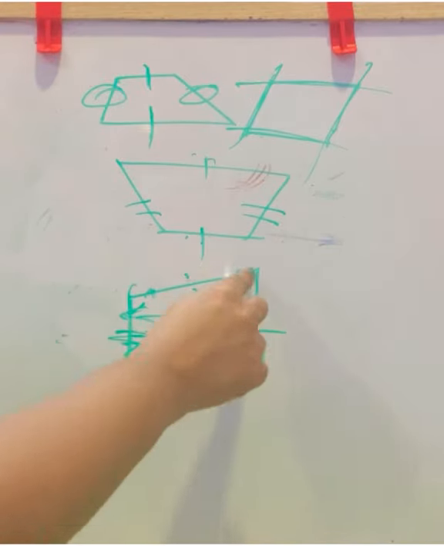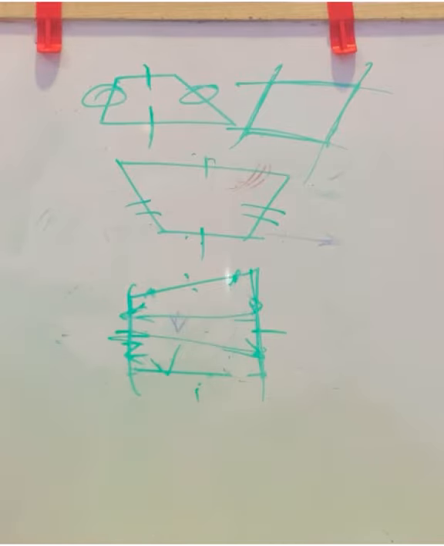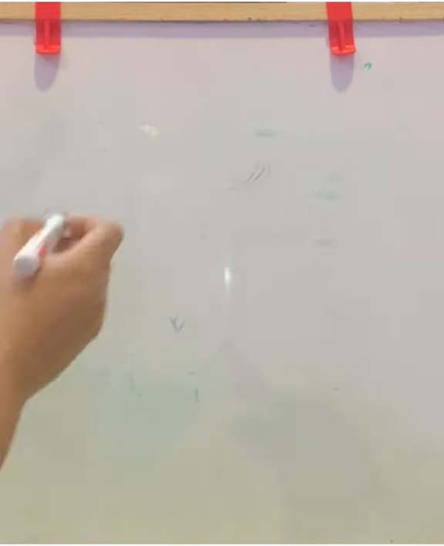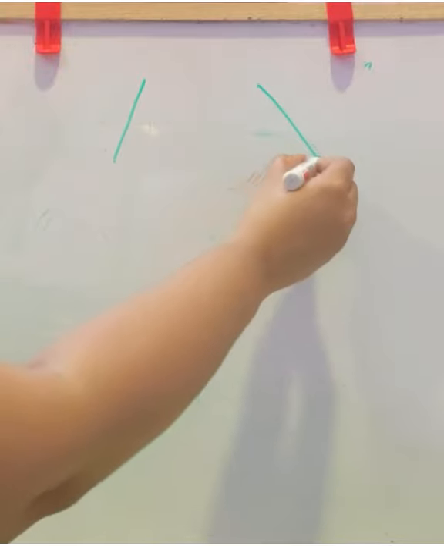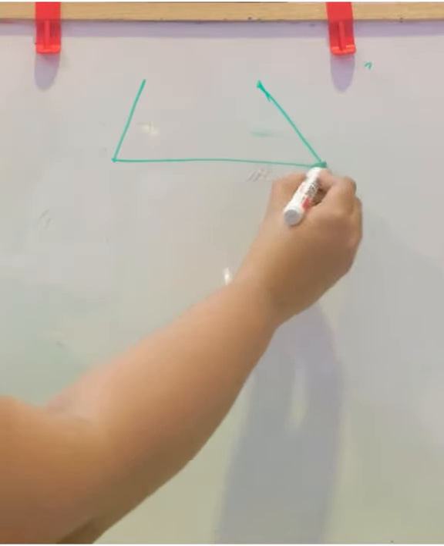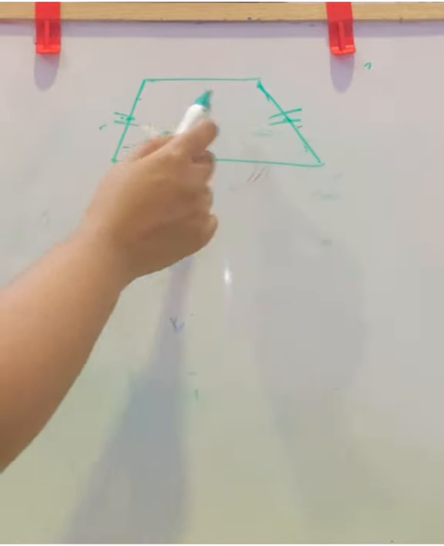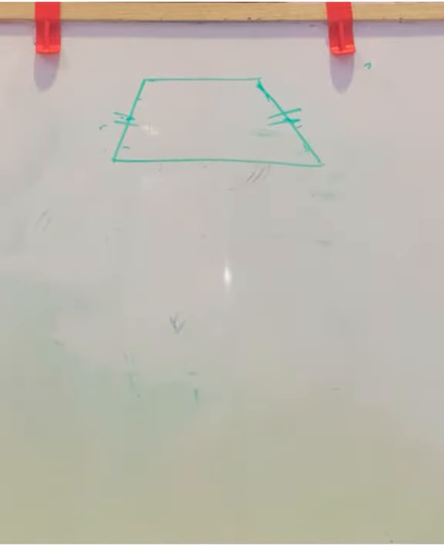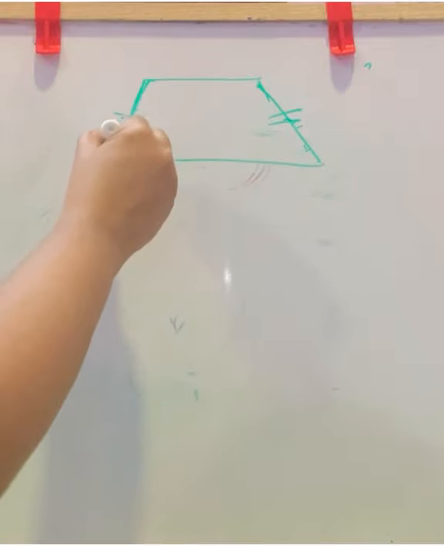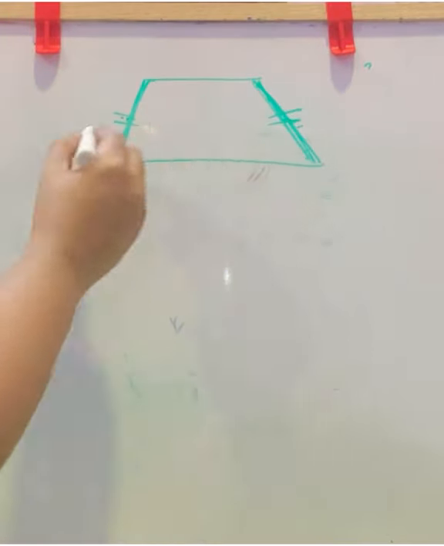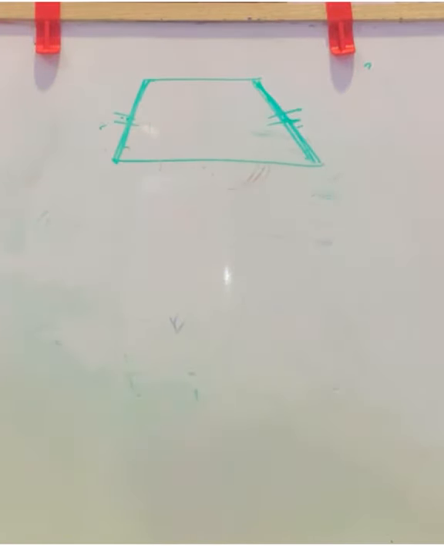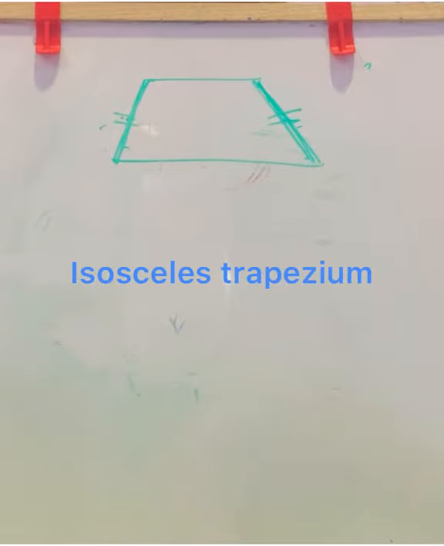So this line and this line are parallel. So we can say it is a trapezium. Now, if the length of non-parallel sides, these are the non-parallel sides, if non-parallel sides length is equal, we can call this trapezium as isosceles trapezium.